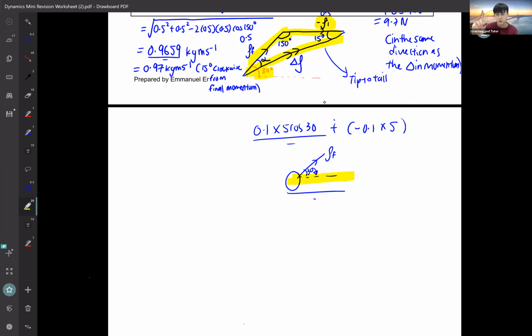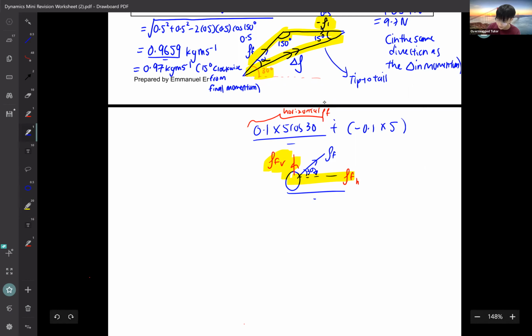You're not accounting for the vertical component, which is here. This is rho F vertical, this is rho F horizontal. So when you do the cosine 30, you're only counting the horizontal final momentum. So that's why you can't do this. You also have to bear in mind the final vertical momentum.